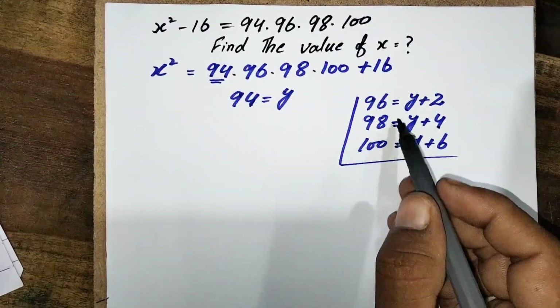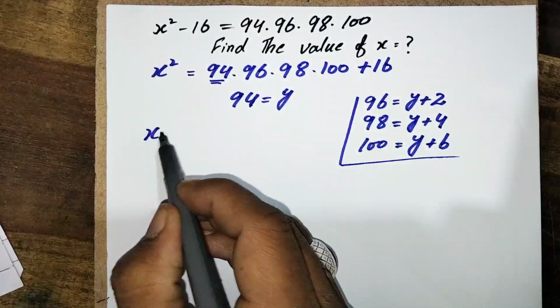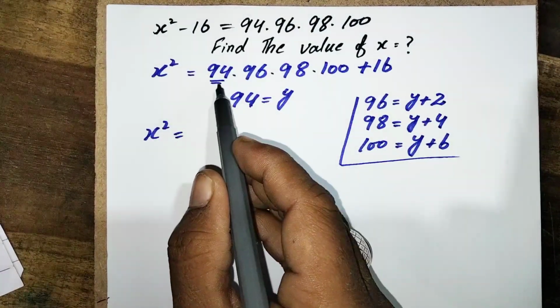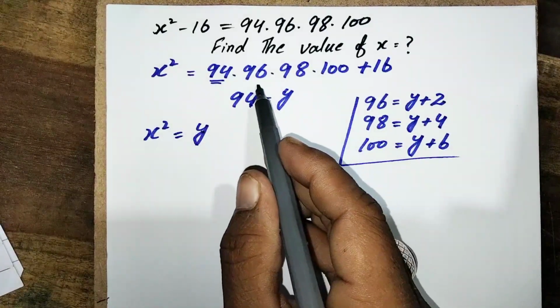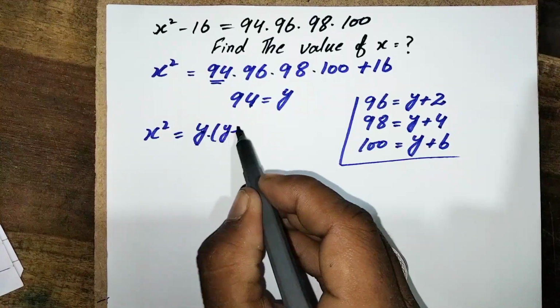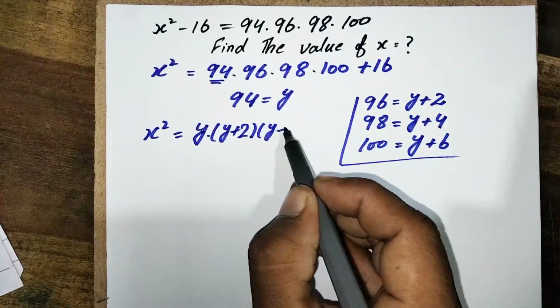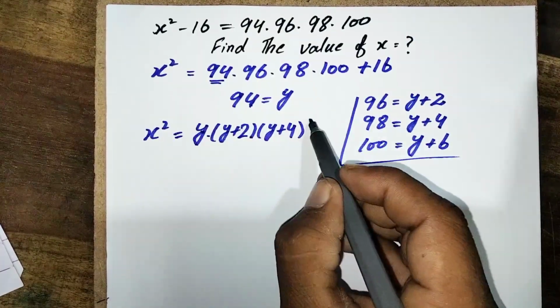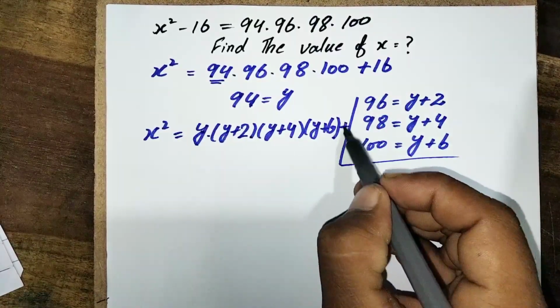We put these three substitutions into equation 1. x square is equal to, 94 is equal to y, and 96 is equal to y plus 2, and 98 is equal to y plus 4, and 100 is equal to y plus 6, and this positive 16.